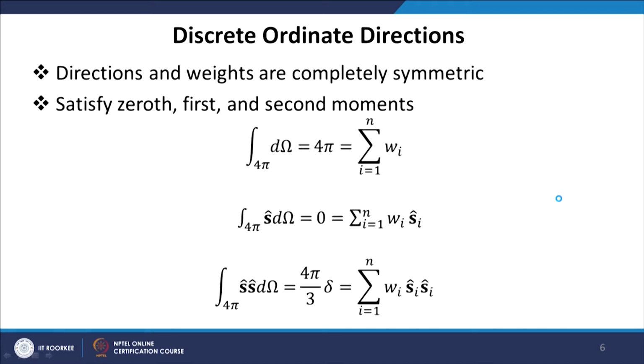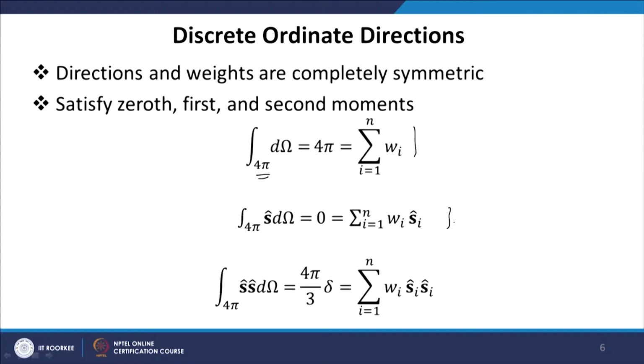For example, the total solid angle over 4 pi should give you total intensity. So, the summation of all the weights, i equal to 1 to n, should be equal to 4 pi. Similarly, the first moment over the solid angle, integral of S d omega, should be equal to 0, that means the flux from all the directions should add up to 0.